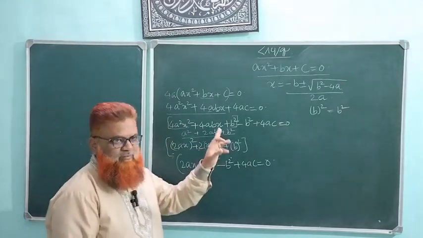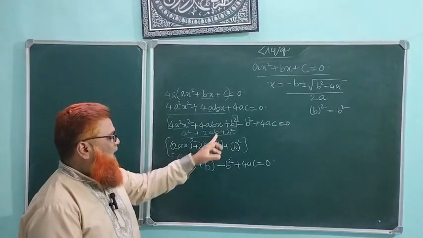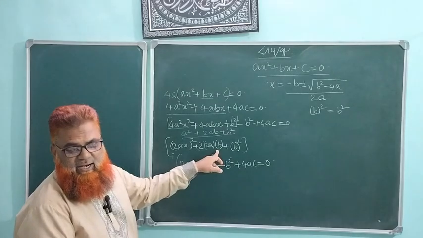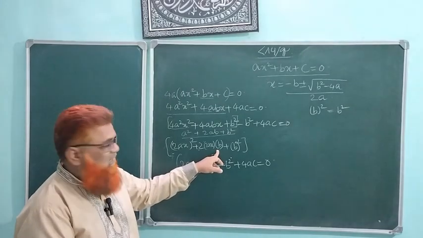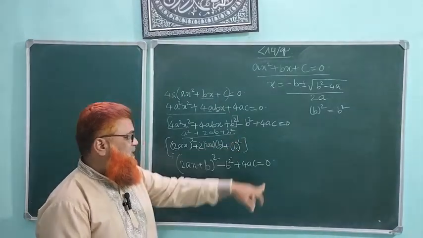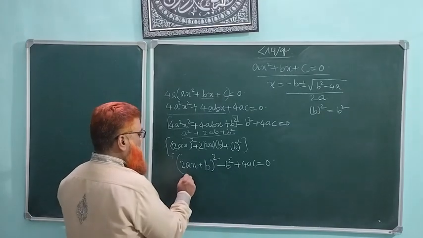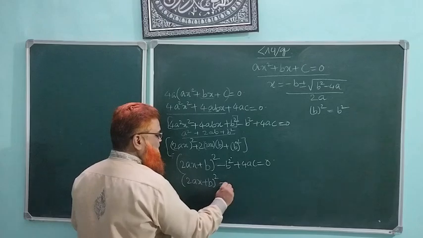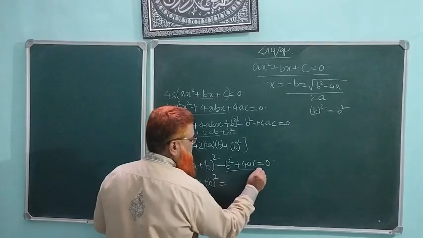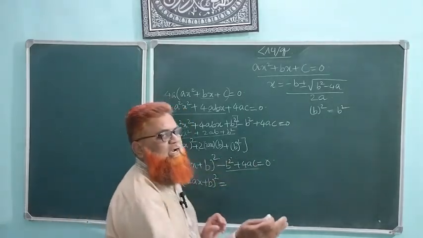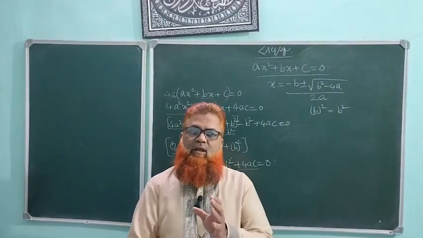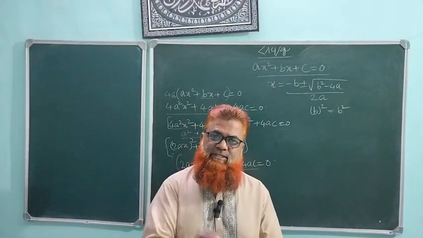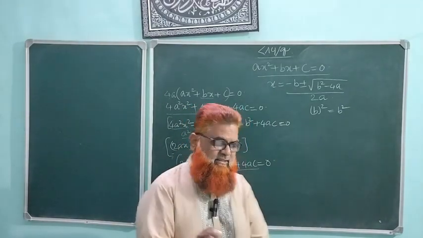Actually, after multiplying with 4a, we derive this perfect square by adding b square and subtracting b square. Now 2ax plus b whole square is equal to, you shift these to the right hand side by changing their original signs.